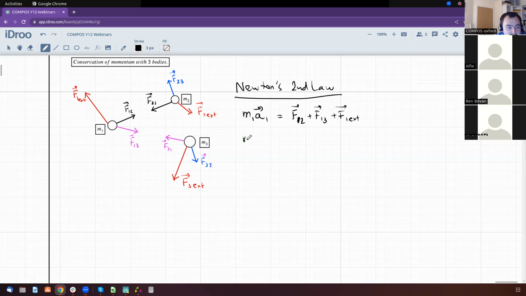For the second body, M2A2 is F21 plus F23 plus F2 external. Then M3A3 is equal to F31 plus F32 plus F3 external.